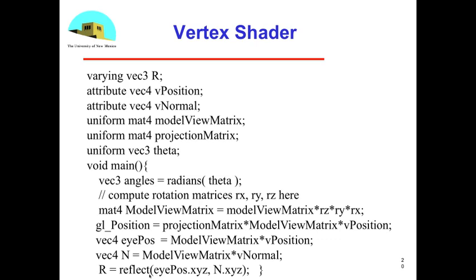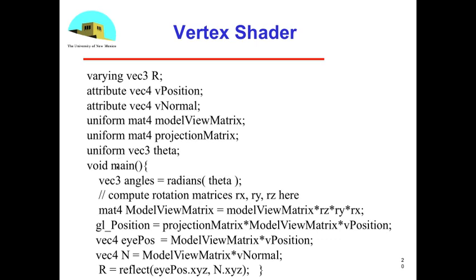But I want the reflection vector to be in camera coordinates, so all I'm multiplying by is the model view matrix. So I create a variable called eye position, which is the vertex position in eye coordinates, and the normal is also computed in eye coordinates. Then I compute the reflection direction by using the reflect function.